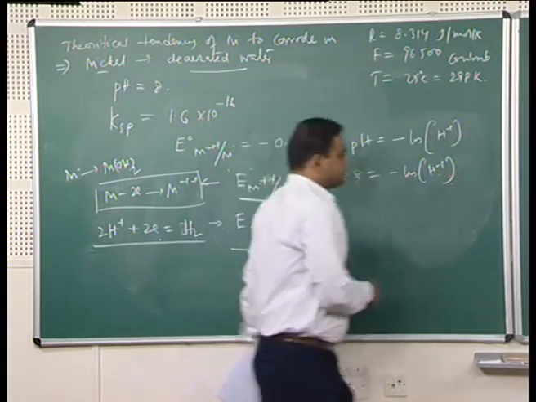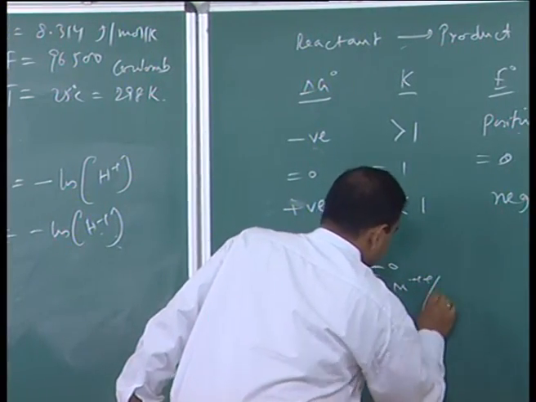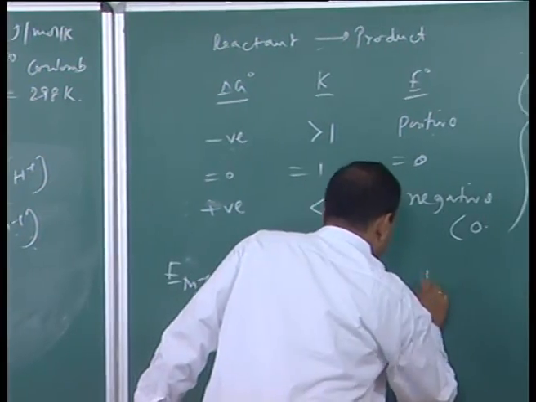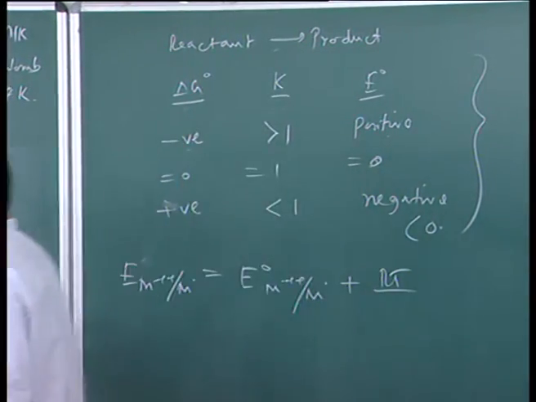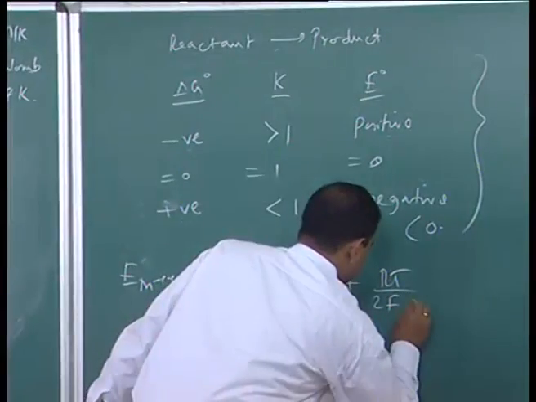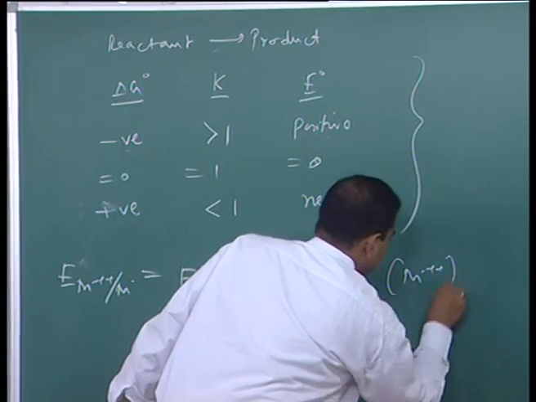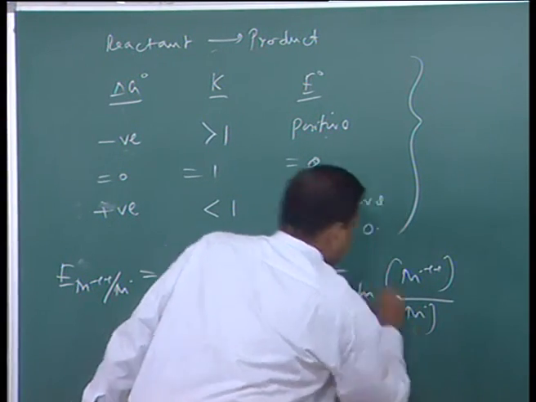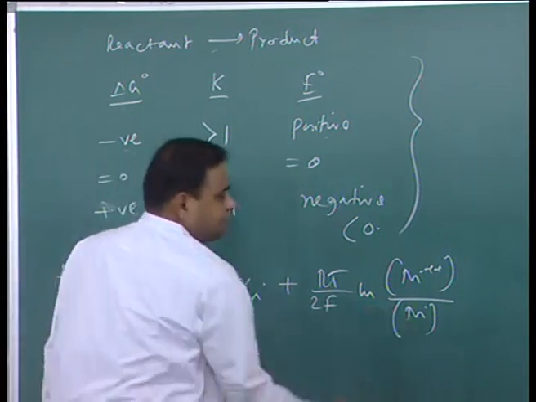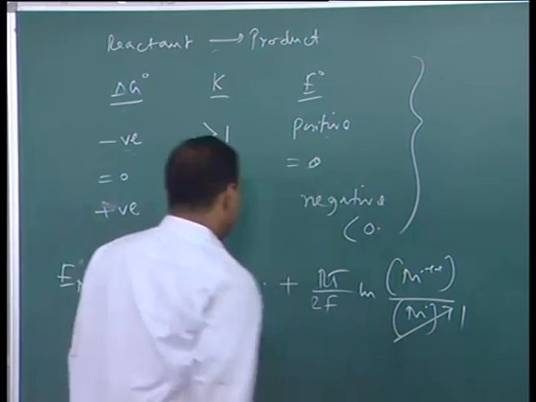So the reduction potential for this reaction would be E0 Ni plus plus Ni plus RT over 2F, because we involve 2 electrons, ln of activity or concentration of nickel plus plus over nickel, and this is pure state in a metallic condition, so this would be 1.